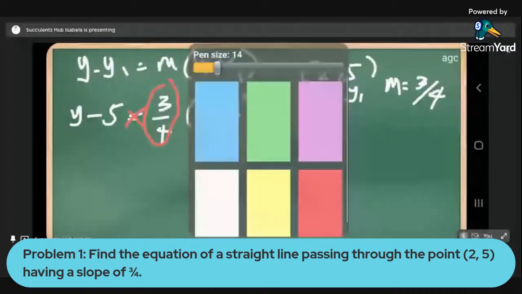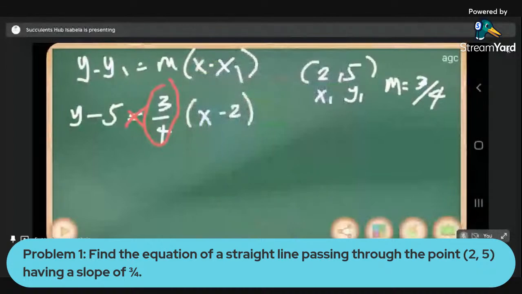All right, so you will have 4 times y minus 5, okay, because 4 is multiplied to the left side, and then you will have 3 times x minus 2.